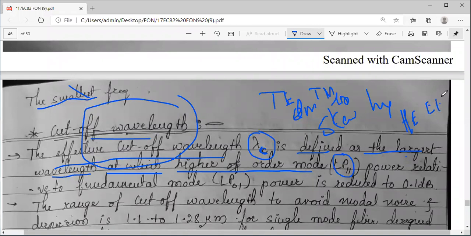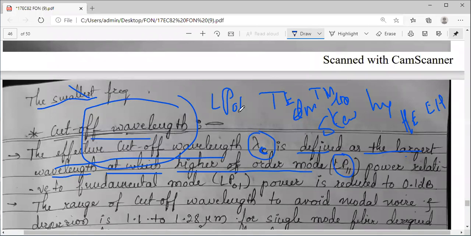So these four modes all together, not exactly, approximately we can configure these different modes by using LP, linearly polarized component, and the fundamental mode. Fundamental means single, the first one with that number equal to 0. So LP01 is your fundamental mode in case of single mode fiber. This is the fundamental mode.